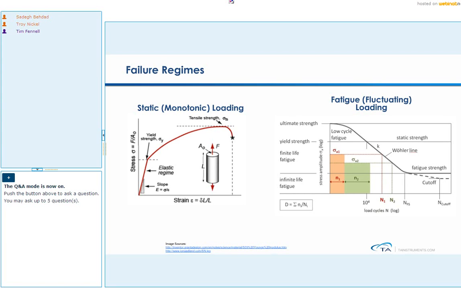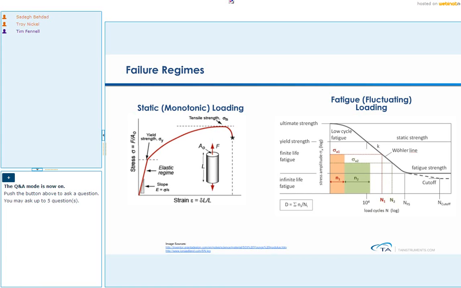Now, instead of this quasi-static or monotonic testing, so a ramp that is really slow, we do a cyclic or fluctuating loading on the sample. At first, people thought that your sample is not going to break if you are in the elastic regime.